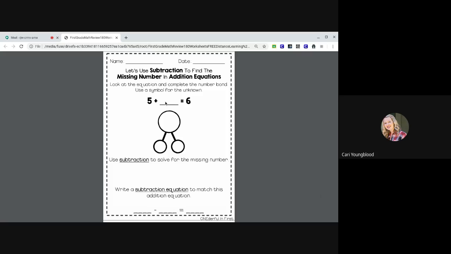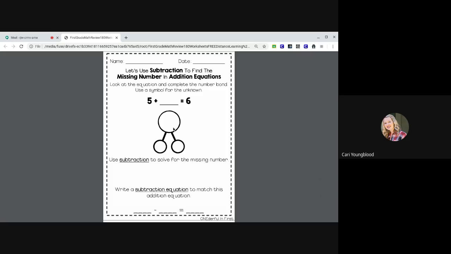So I know when I flip-flop an equation to try to find an unknown, I'm going to start with my big daddy whole. So I'm going to write my 6 first. 6 minus, what's the only number that I know? 5. 6 minus 5 equals, and go ahead and solve that and see if you can find that missing part.